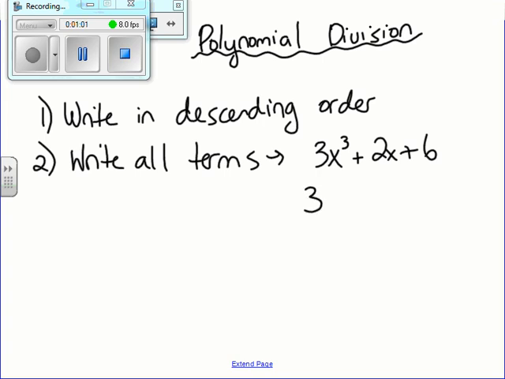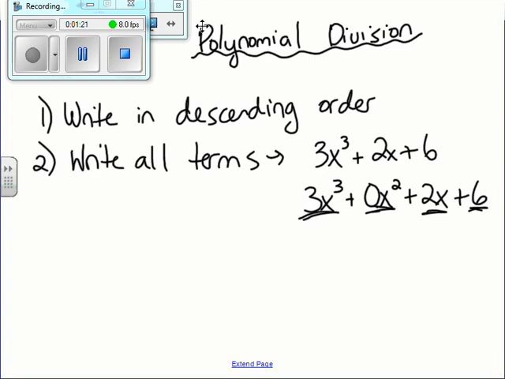So I'd have to write it as 3x cubed plus 0x squared plus 2x plus 6, so that you make sure that you have all of the terms represented in perfect descending order.